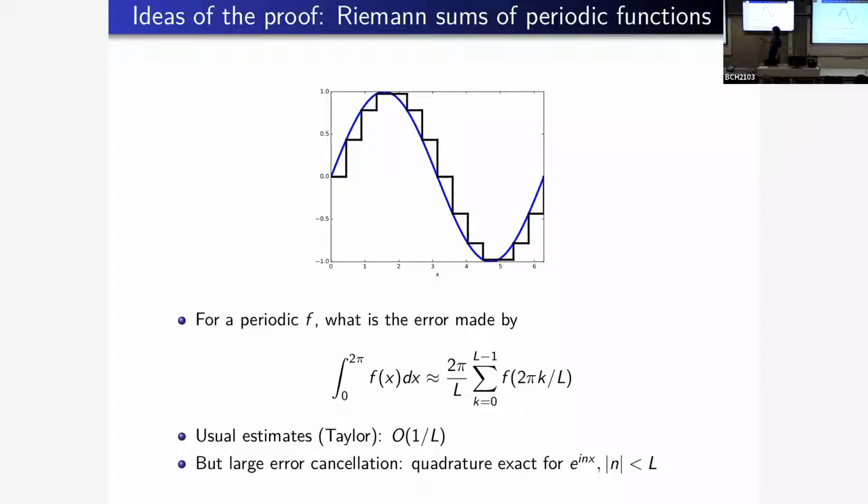If you replace this integral by this sum, you will underestimate here, overestimate there, underestimate here, and in fact, you will get much more accurate results than what you would expect. And mathematically, you can see that by the fact that this quadrature is exact for the harmonics that are not too fast. Okay.